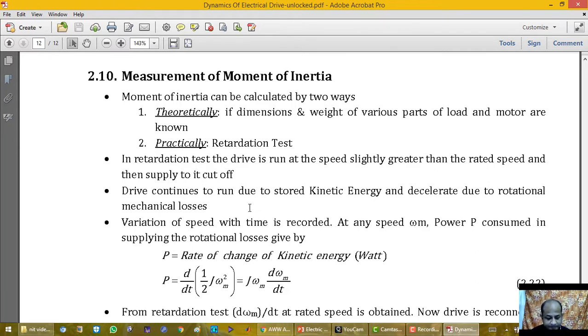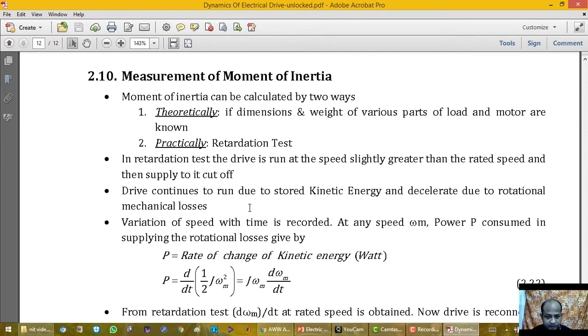We have seen in our machines that rotational losses exist in case of a motor. Now when the speed starts reducing from a particular value, we will take the speed value and the corresponding time value. So we will record, in tabular form, the speed versus time until it stalls or its speed becomes 0.